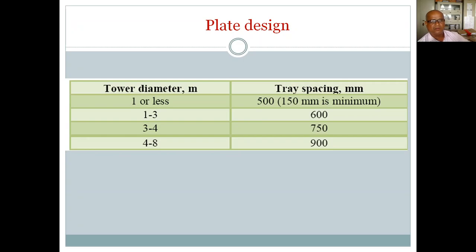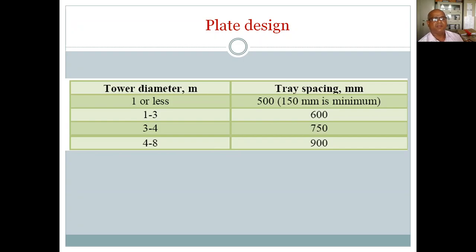And from mass transfer theory, if you calculate the number of stages, let's say 30 stages, and the stage spacing is 1 meter, then your column height will be 30 meters. That means we have designed the mass transfer equipment: we know the diameter, the height, and the tray spacing.